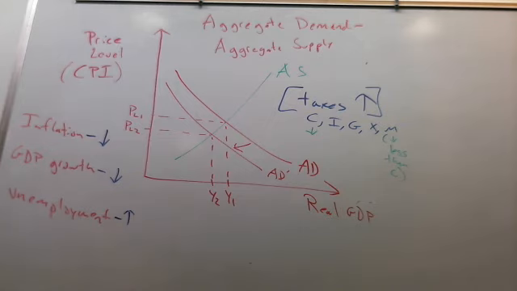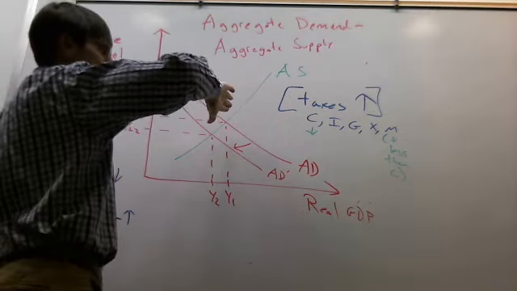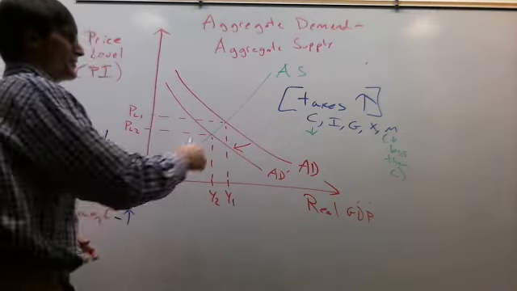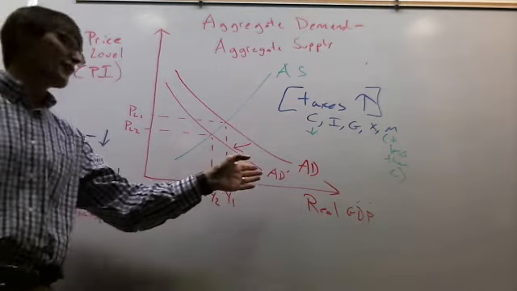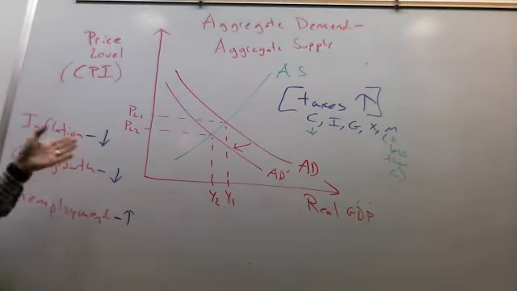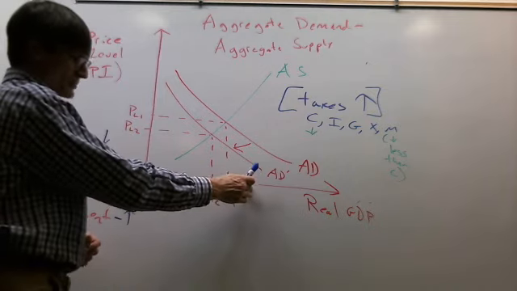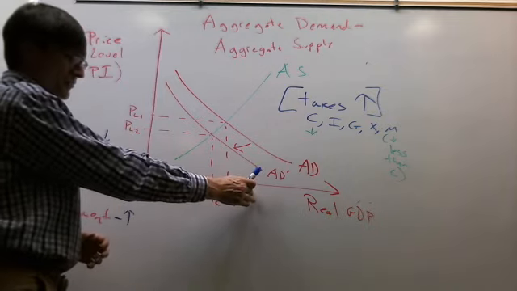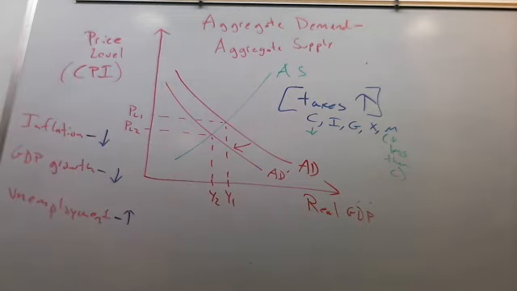And the way that we model this, and this is the reason why I like that three-piece aggregate supply model, where you have a horizontal piece, an upward sloping piece, and a vertical piece, is that the vertical piece represents our natural rate of unemployment. And the further you get away from that, the higher the unemployment rate is. So if the natural rate of unemployment is represented when we're hitting potential GDP over here, then I know the further to the left I get, the higher unemployment is.